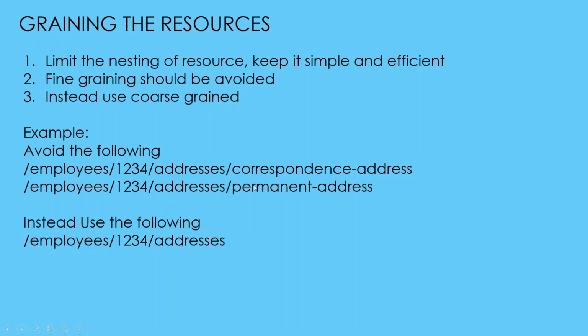And considering the size of this data, it will be very small, so sending both the addresses is not a concern. So we can just go with addresses rather than going with correspondence address, permanent address, and making it more fine grained. So always ensure that the resource granularity is coarse grained.